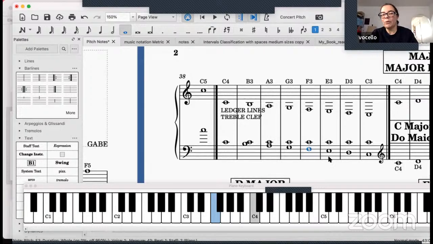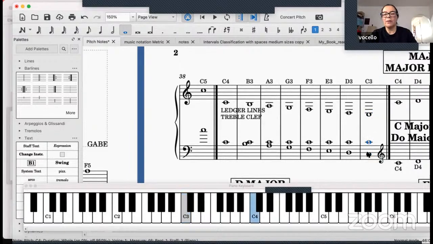The third space on the musical staff on the bass clef is E3. The third line on the musical staff is D3. The second space on the musical staff on the bass clef is C3. See, look on the piano. Here's C4. Something's wrong.